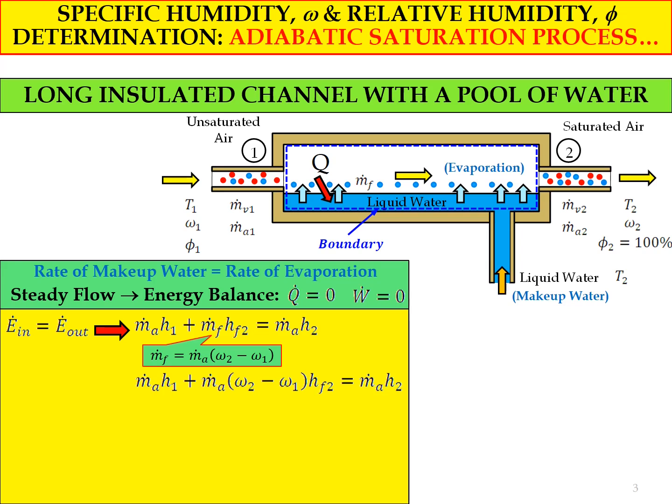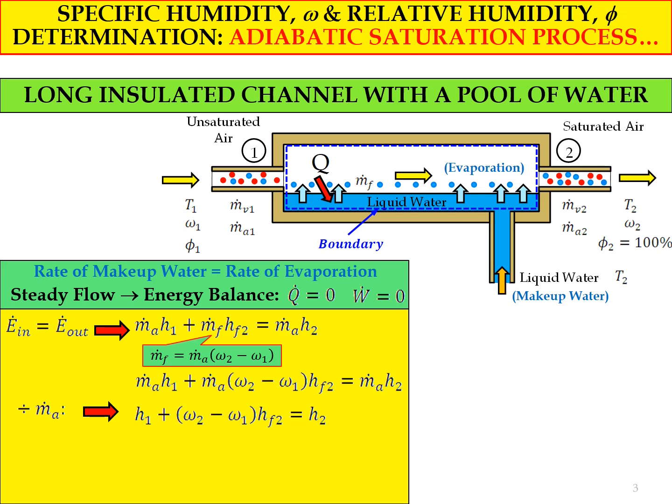We just replace mf dot with ma dot multiplied by omega 2 minus omega 1. If we divide the equation by ma dot, we will get h1, the enthalpy at the inlet, plus omega 2 minus omega 1 multiplied by hf2 equal to h2.